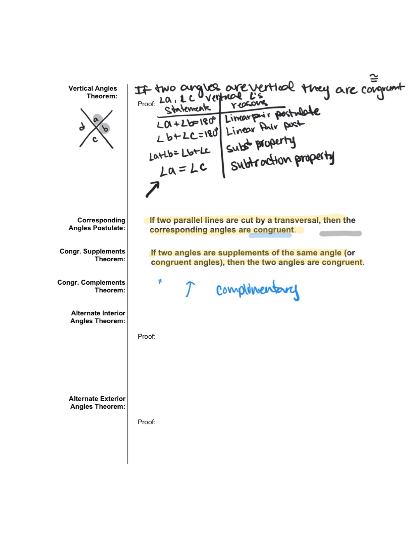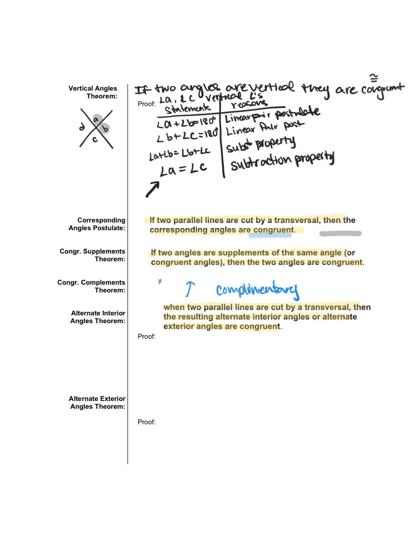Next is our alternate interior angle theorem. It says when we have two parallel lines that are cut by a transversal, the resulting alternate interior angles or alternate exterior angles are congruent. We're just really working with the alternate interior on this one. Alternate exterior will be this one right here.